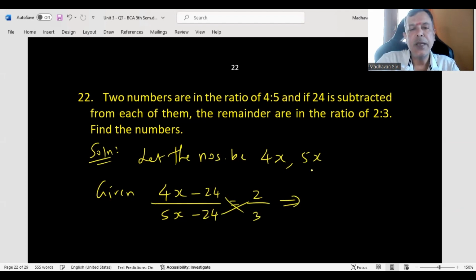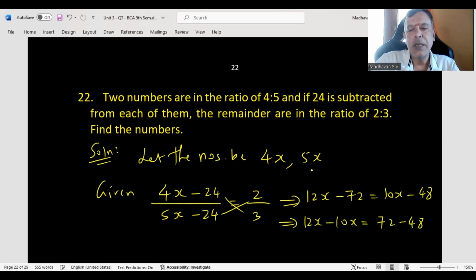Now let us cross multiply. We will get 3 into 4x, which is 12x, minus 3 into 24, it is 72, equal to 2 into 5x, 10x, minus 24 into 2, 48. That means 12x minus 10x is 72 minus 48.